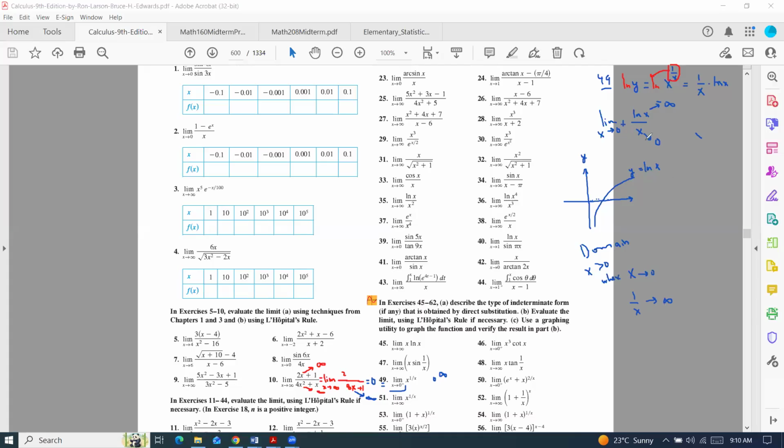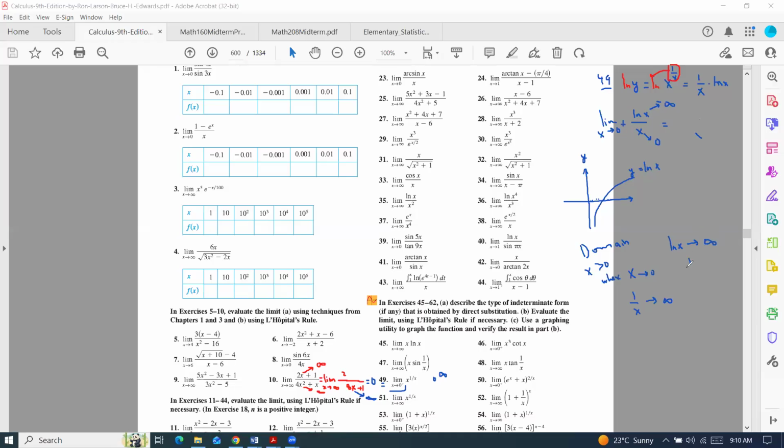So if it's 1 over x, where should I put it? In the numerator or in the denominator, where should I try? Like before, ln of x also approaches infinity. Okay.